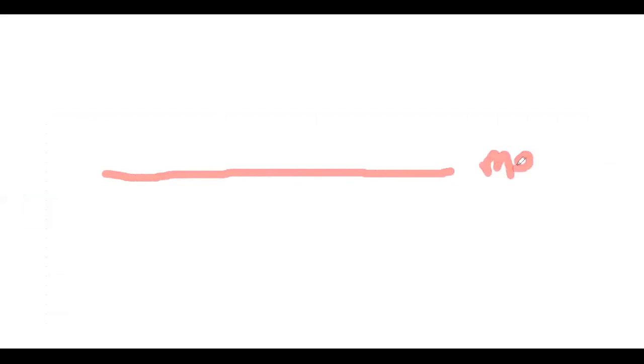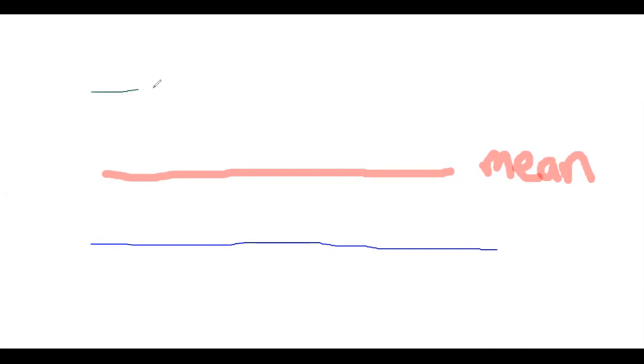But in addition to the mean, you also have a lower line known as the lower control limit. And you have an upper line known as the upper control limit.